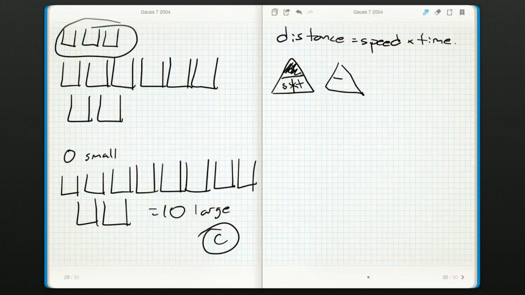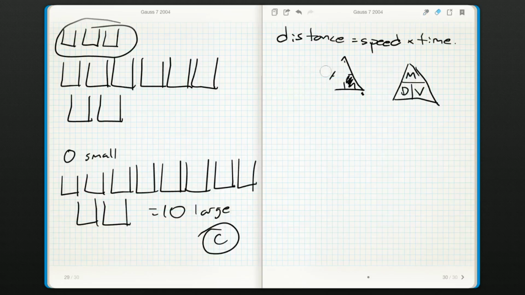If you wanted the time it took, but you knew the distance and speed, you would cover up the T, and so time is distance over speed. There's a bunch of these I learned in my high school physics class. Mass is density times volume, mass over volume is density, volume is mass over density. There's a couple others, but we're interested in the distance, speed, and time relationship.